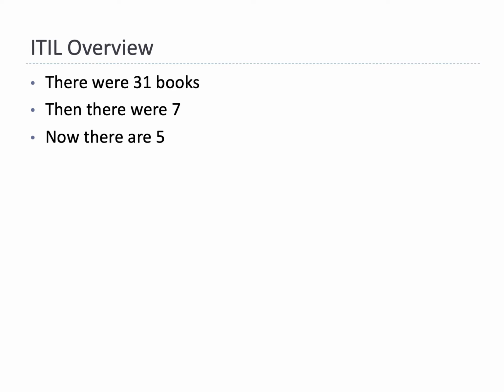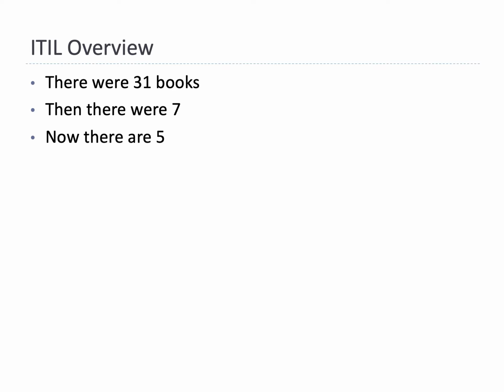But that was a lot of books. Think of it as an index of all the things that you could do in an organization related to IT. There were 31 different categories, and they had a book on each one. That was a little bit cumbersome and overwhelming, and so then they combined them. It's not that they threw it away.